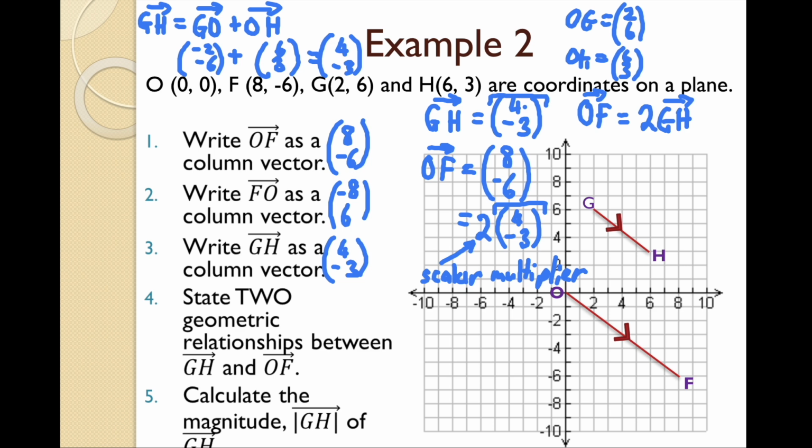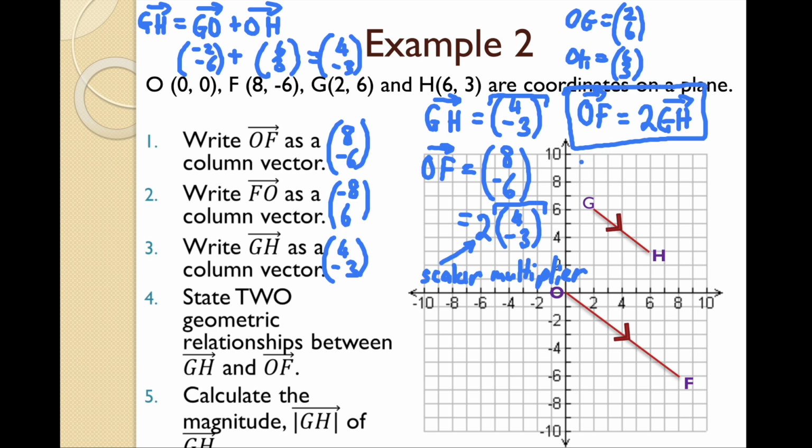Give me another situation with these two. What could have been another vector that's parallel to these two? So 4, negative 3. One could be 8, negative 6. Give me a next one. 16, negative 12. Yes, okay. So once they are scalar multiples of each other, that's what we're going to have.